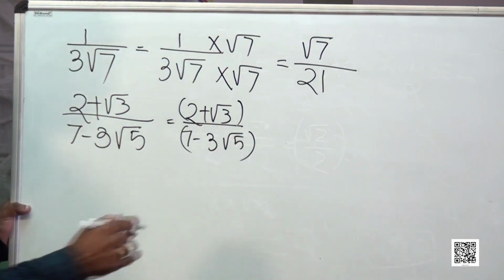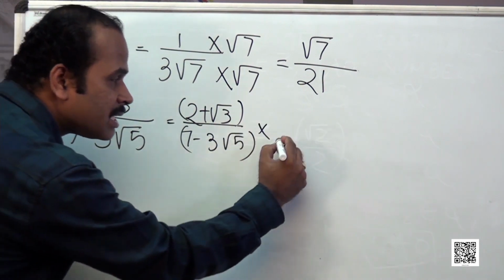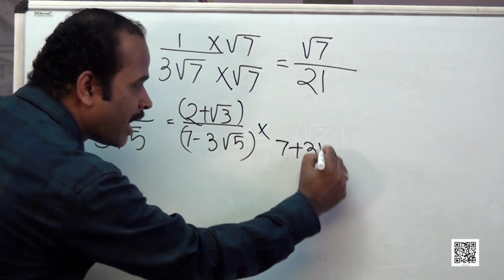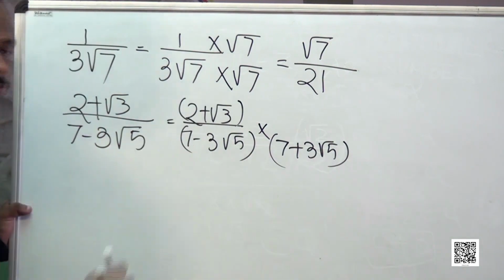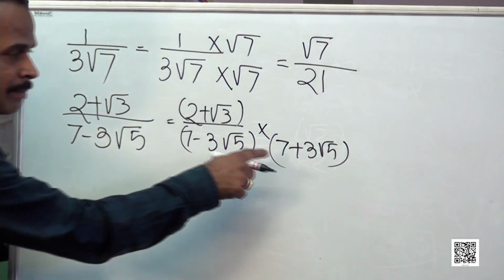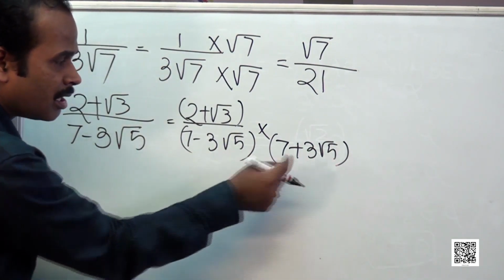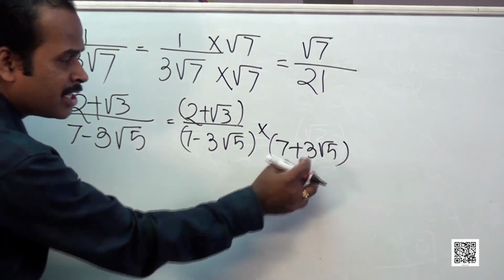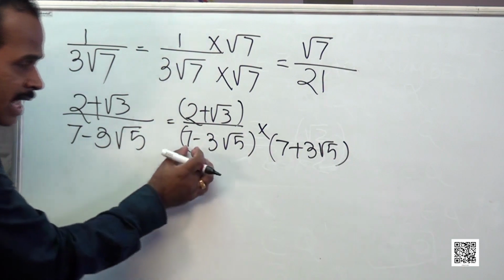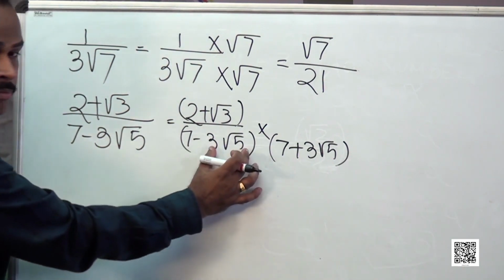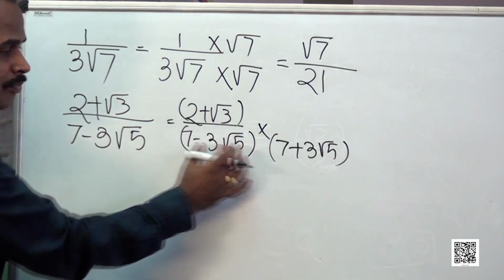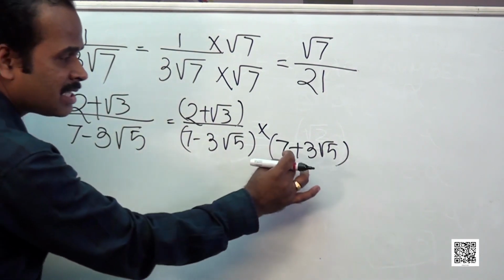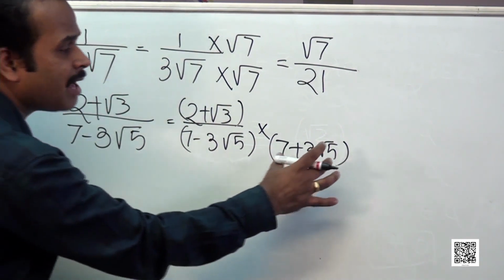For that, I have to multiply 7 plus 3 root 5 with the denominator. This is in the form of a minus b, and that is in the form of a plus b. Here a is 7, b is 3 root 5.